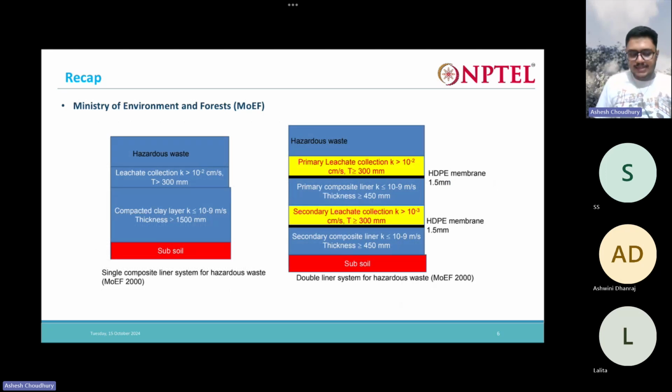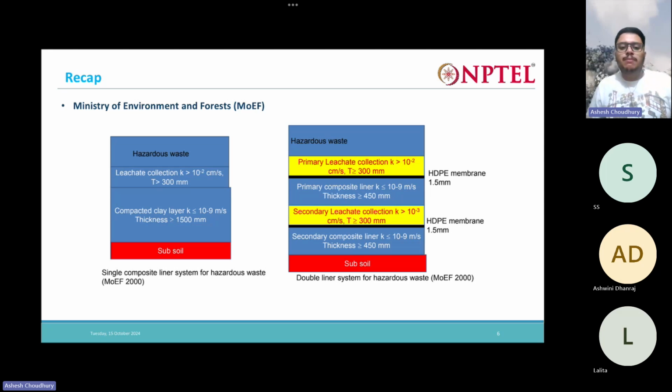So here, see, the single layer and double layer systems are given. In single layer you can see the hazardous waste at the top, then you have the leachate collection system, then compacted clay, and finally the subsoil. In the double liner system you have the hazardous waste you are dumping at the top, then the primary leachate collection system, generally made up of geonets or geotextile, then the primary composite liner, generally GCLs, geosynthetic clay liner, and again one more collection system.